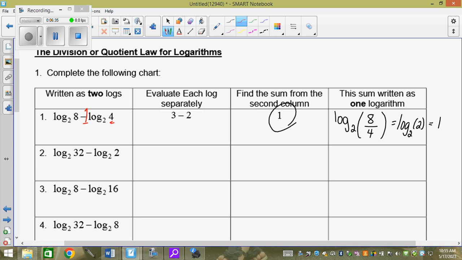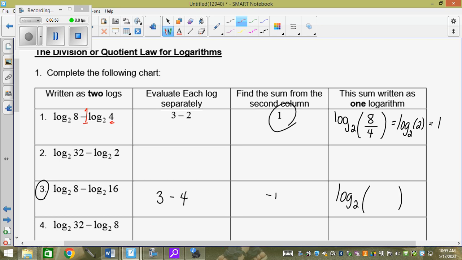Okay, let's do another. Log base 2 of 8 is 3, minus log base 2 of 16, 4. 3 minus 4 is negative 1. Now we're going to try and put them together. So we get log base 2.